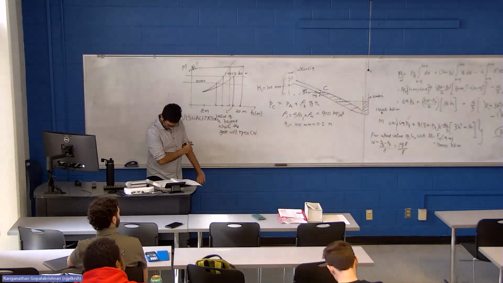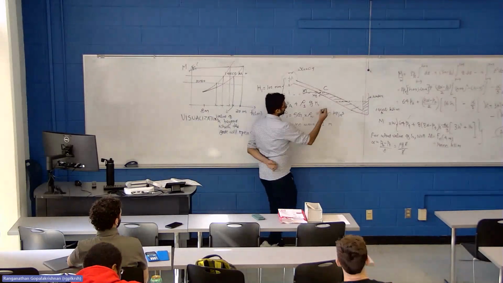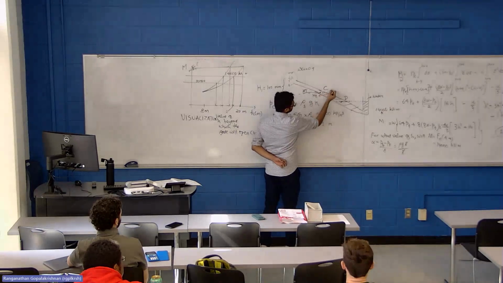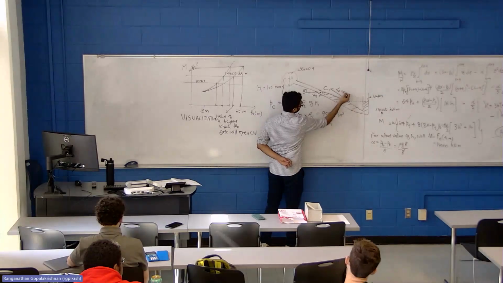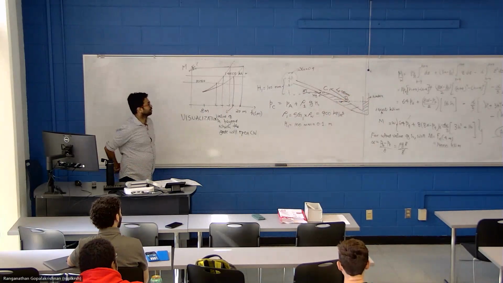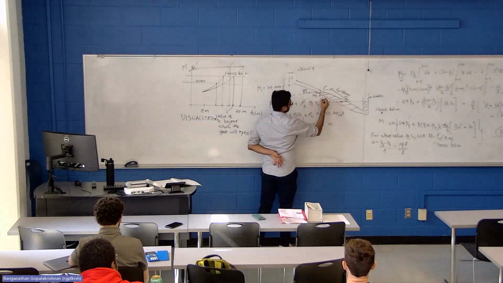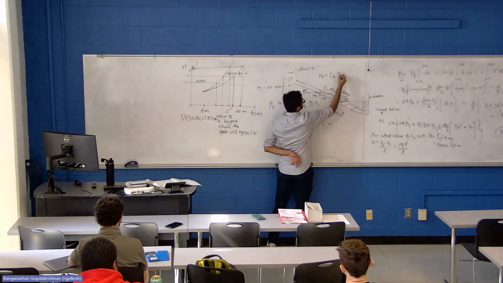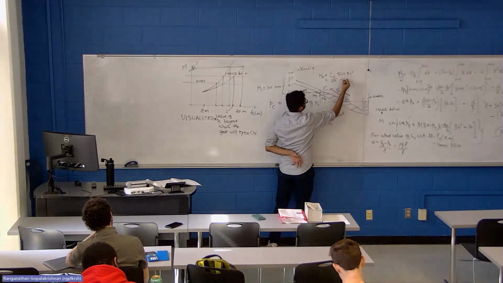At this plane, this is 50 millimeters. We call this point D. From C to D, the distance is L2, 50 millimeters. The height difference between C and D we'll call H2. H2 equals L2 sine 30 degrees.